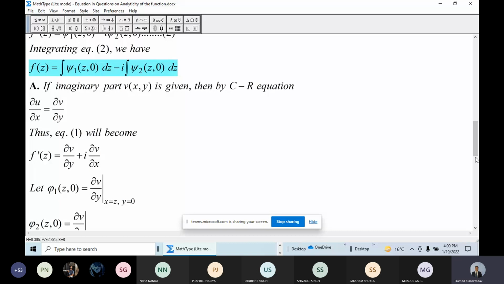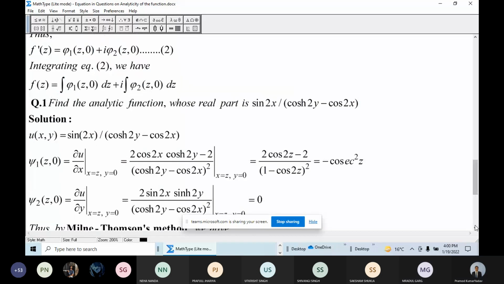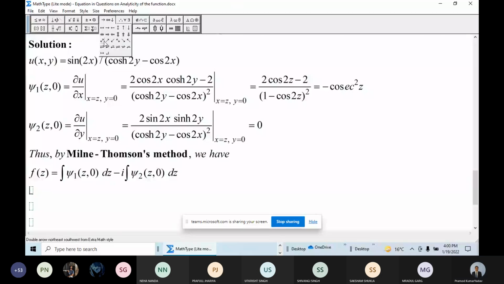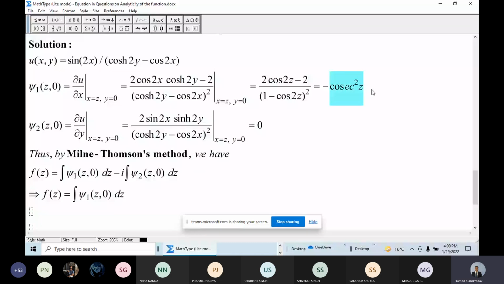Am I right? Because we have developed this formula. So after finding psi 1 and psi 2, we may use this formula directly. Psi 1 z. So this implies f(z) is equal to minus will come outside. So integration of this one only, psi 2 is 0. So cosec square z. And you all know the integration of cosec square.